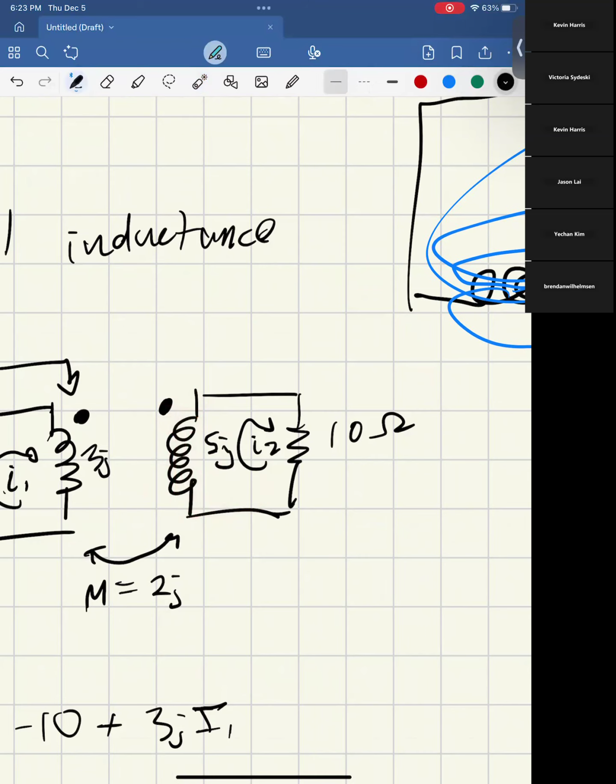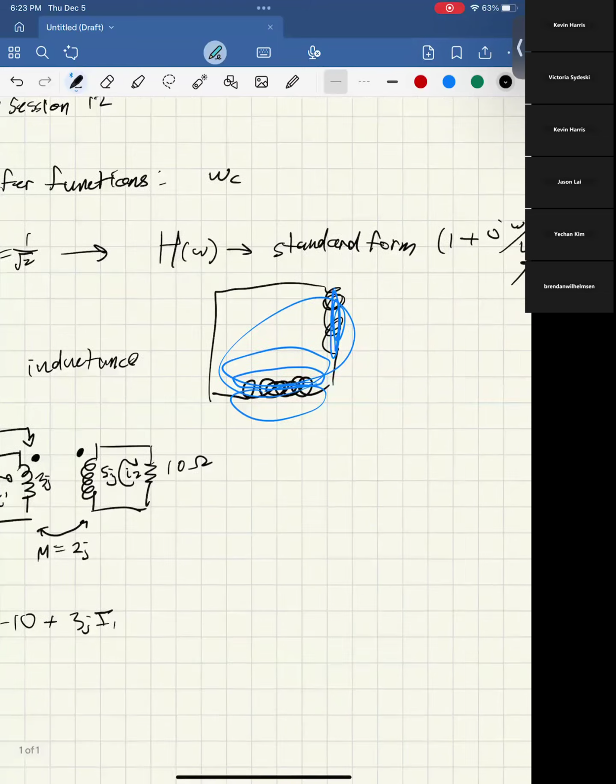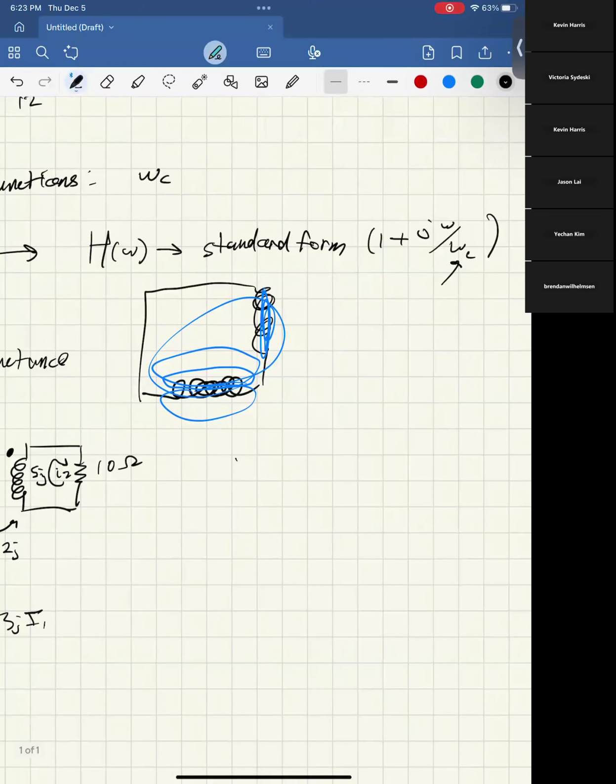The dot notation means that if we have current flowing here, then this is going to induce a positive voltage like such.